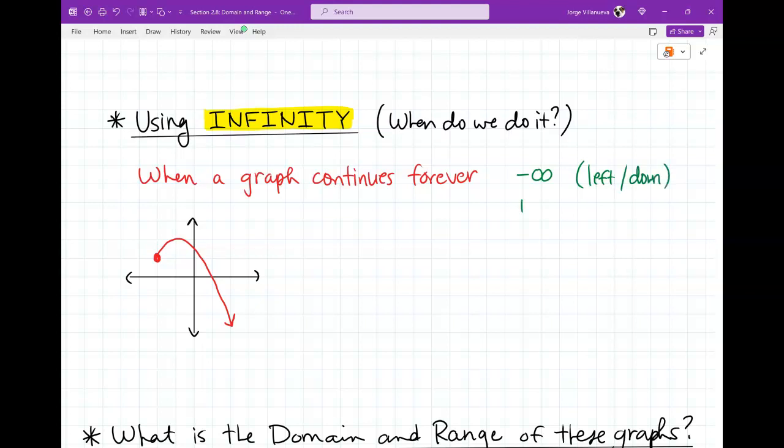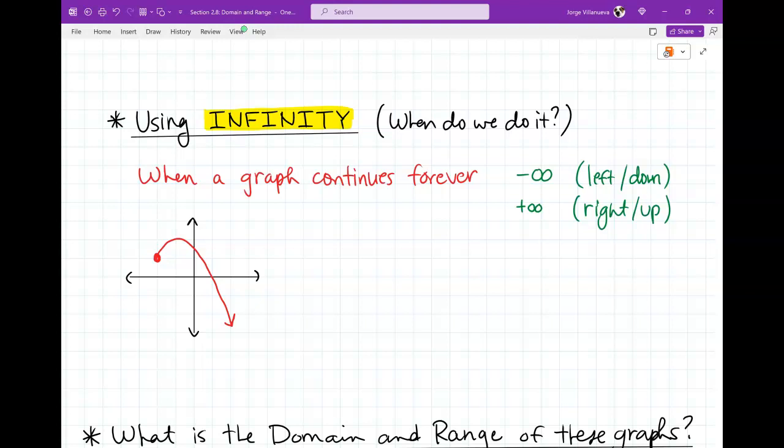And if you use positive infinity, it's because it's going right or up forever. Or sometimes right and up because it's diagonal. So the negative infinity is used when you're going in a left or down direction, or maybe a downward left direction, a combination of both. And the positive infinity is when you're going right or up.